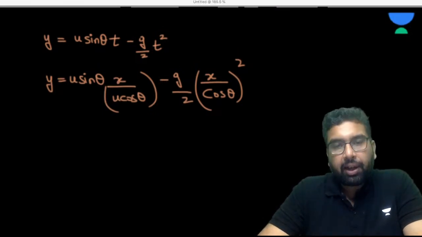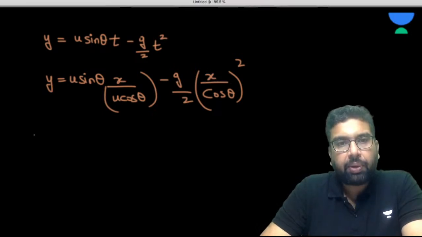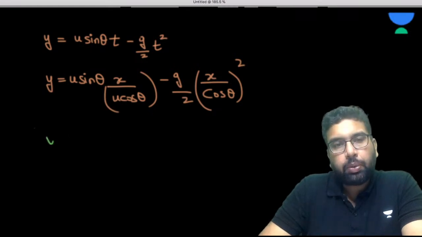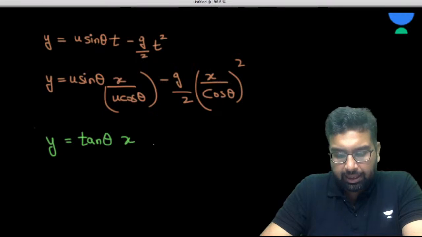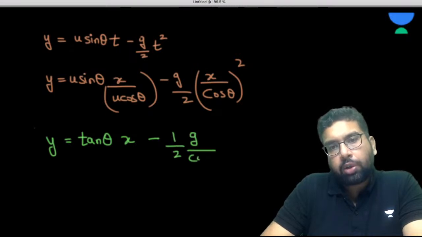So see, y will become, u and u will be cancelled out. Sin theta by cos theta will become tan theta of x. Minus, see, this is going to be 1 by 2 g cos square theta, x square.